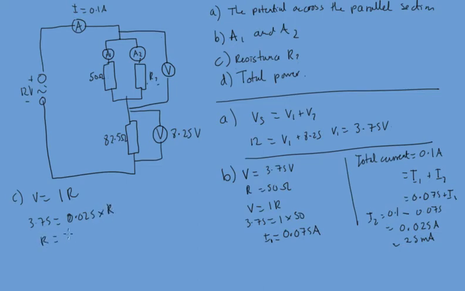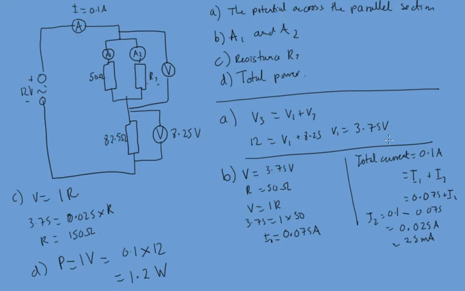So the resistance would work out at 150 ohms. And finally, for the total power, we use our equation P equals IV, where I is 0.1 and V is 12. So that's going to be 0.1 times 12, which gives us 1.2 watts.